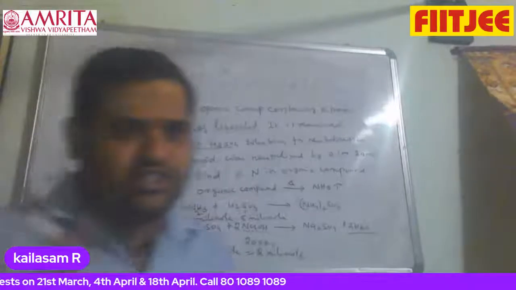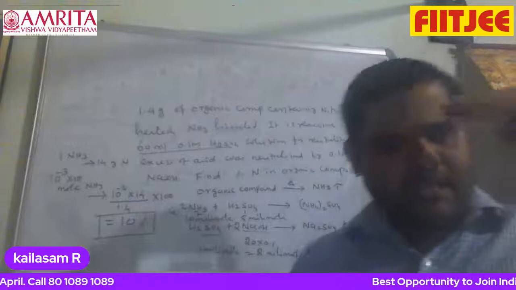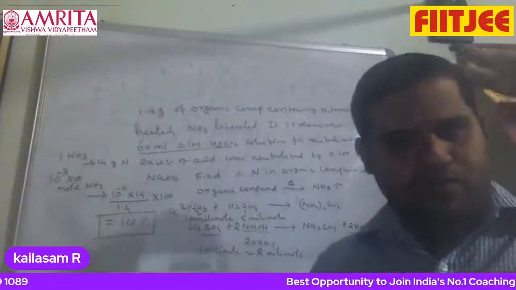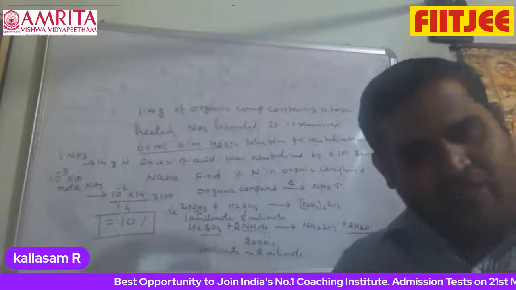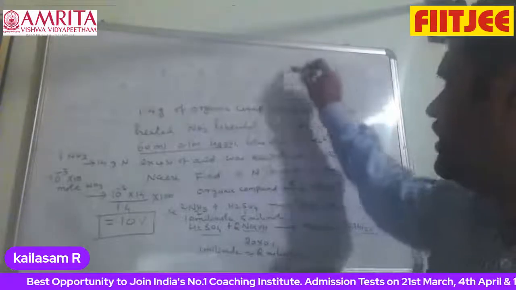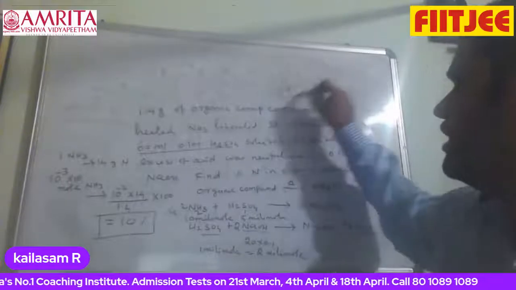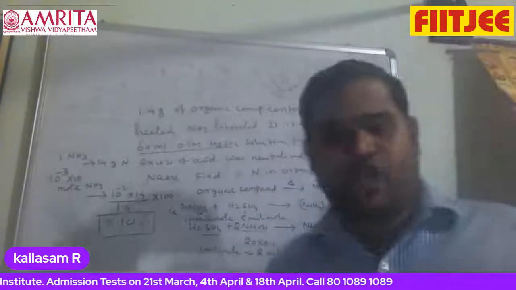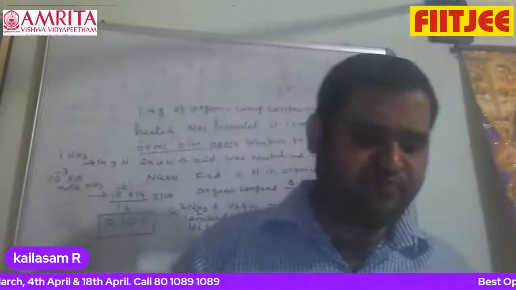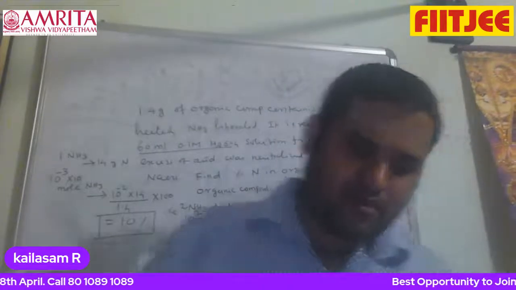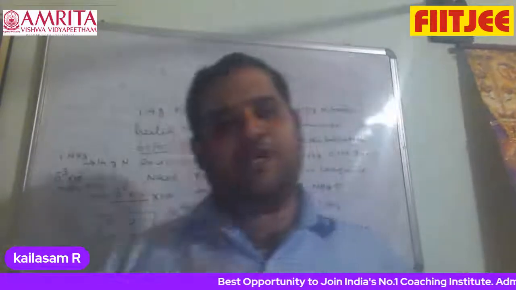It's called the Kjeldahl method. And one more thing, the Kjeldahl method works only for nitrogen in certain compounds. Aniline can give the Kjeldahl method. Pyridine does not give it. Azo compounds do not give it. Nitrogen in a ring does not give the Kjeldahl method. That's all about the Kjeldahl method.